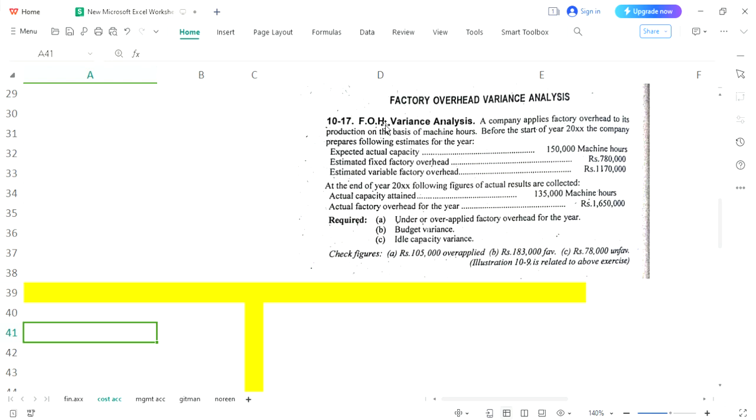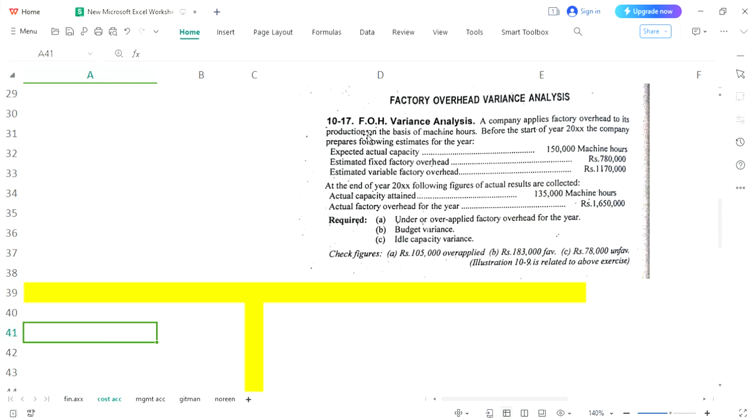Our topic is related to factory overhead variance, and this part of the chapter starts from question number 10.17. So consider it the first question related to factory overhead variance analysis. As you can see in your book, this heading is mentioned over here. From 10.17, your questions would be started.